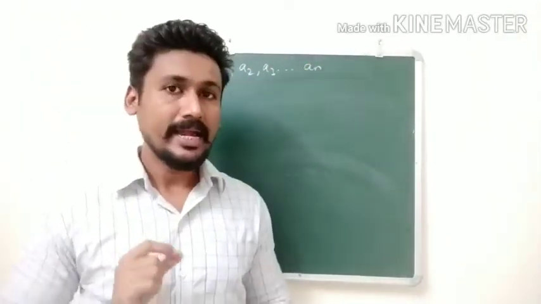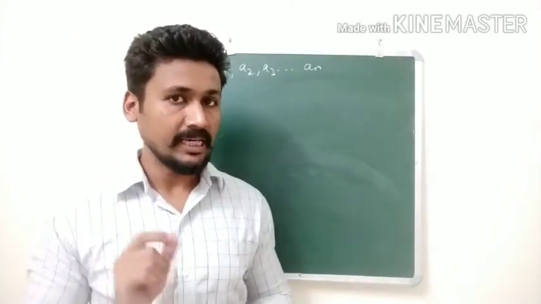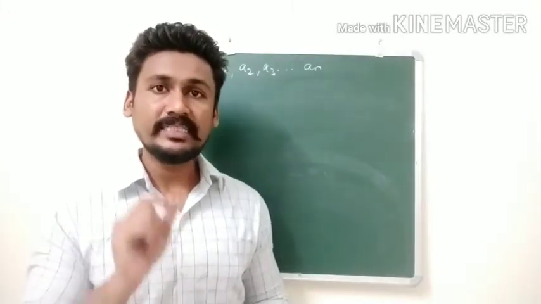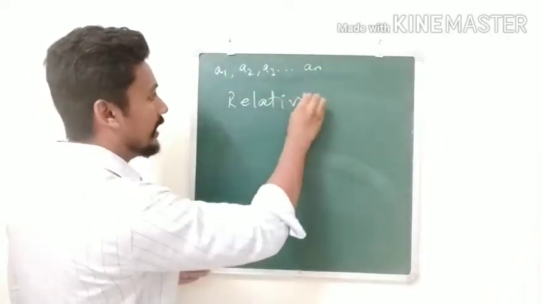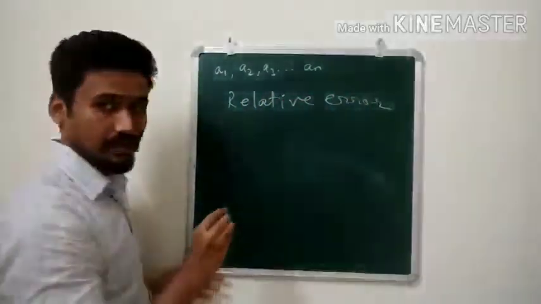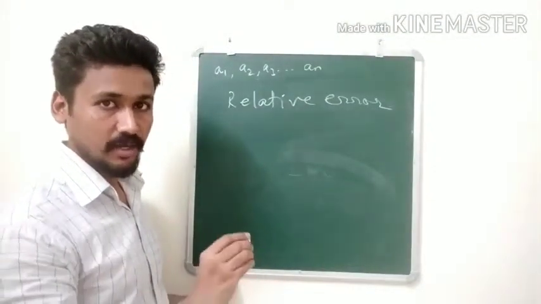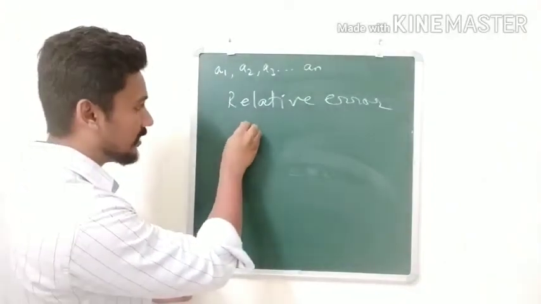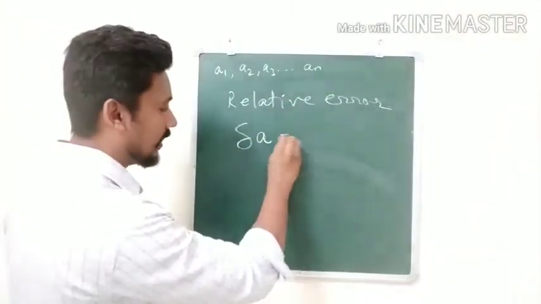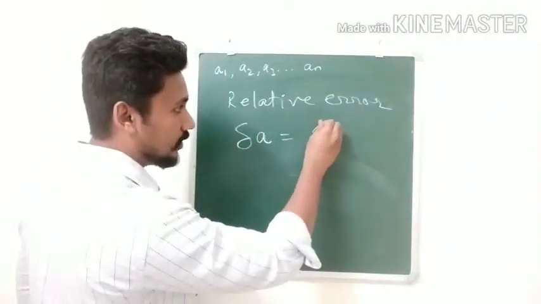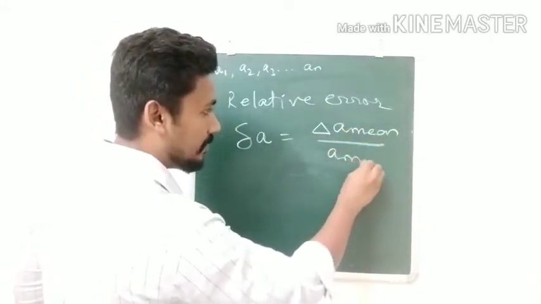Now we will find the most important quantity, the one we will be using in our error analysis, which is called the relative error. So what is relative error? Relative error is nothing but the ratio of mean absolute error to the mean value. Relative error is denoted by the symbol delta A, which is equal to delta A mean divided by A mean.